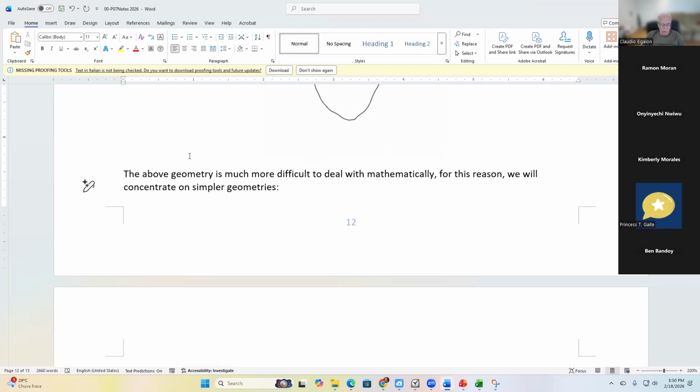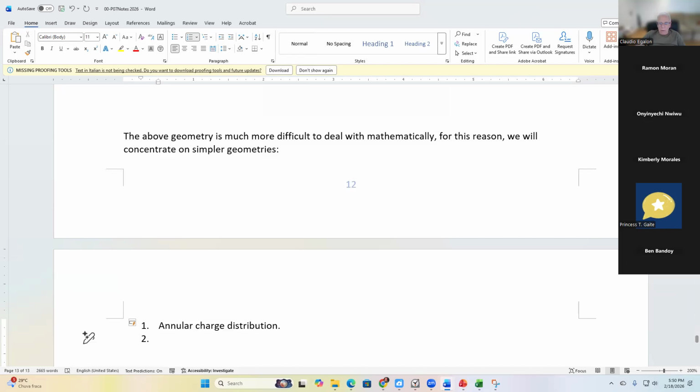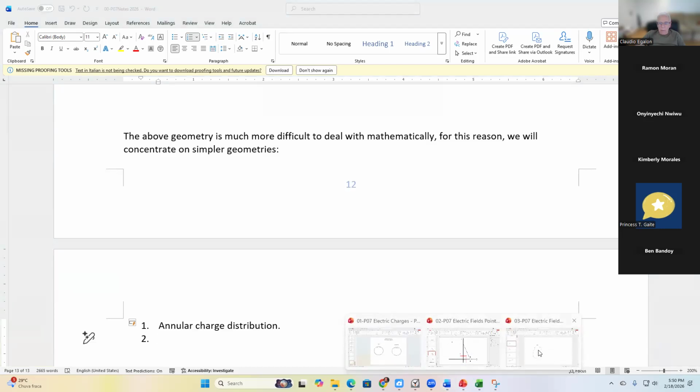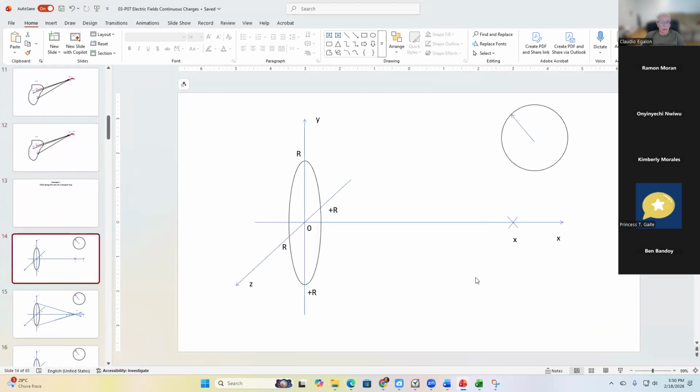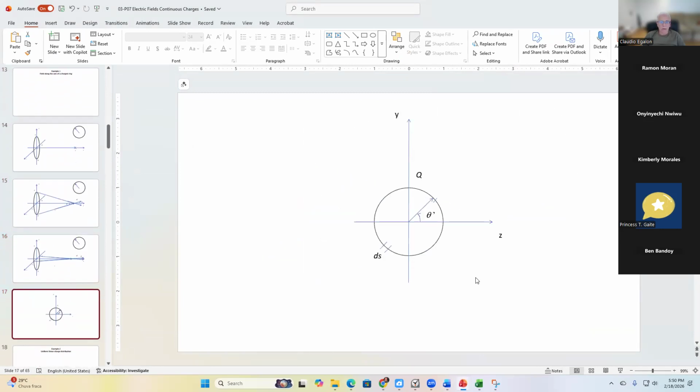And what are those geometries? One, ring, annular distribution, annular charge distribution. What else? One of them is the annular charge distribution. Another one, let's see, here you go. That's the annular charge distribution.